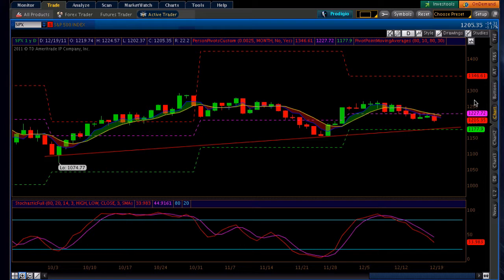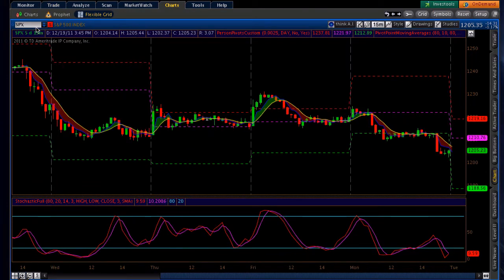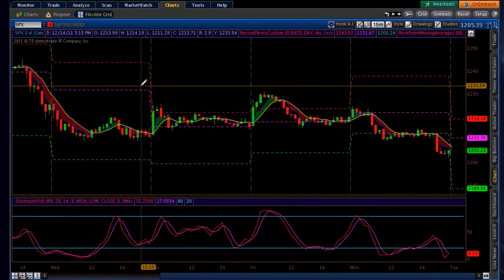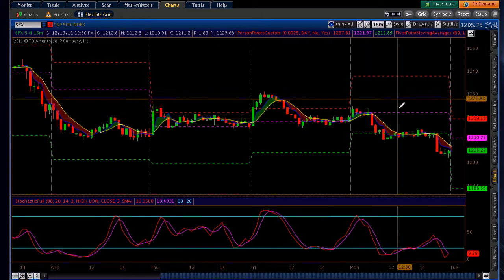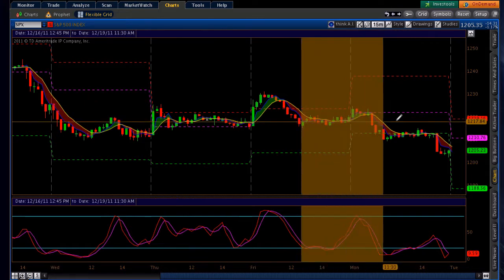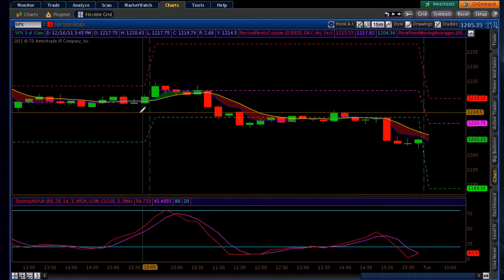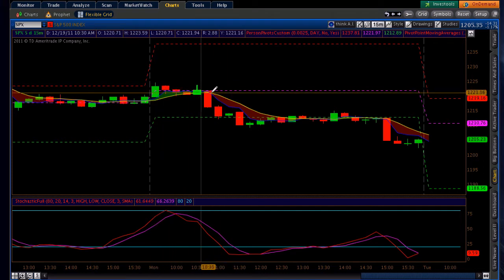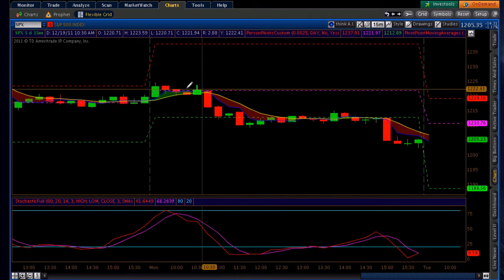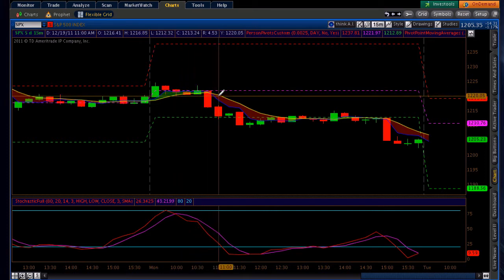So that is the SPX, the monthly pivots, and what I'm looking for. Now, on the daily for the SPX, as you can see here, for today, for Monday, I'm going to zoom in. For Monday, we opened up and started trading up, and on a 15-minute candle we closed above the intraday pivot, but then we started drifting off.